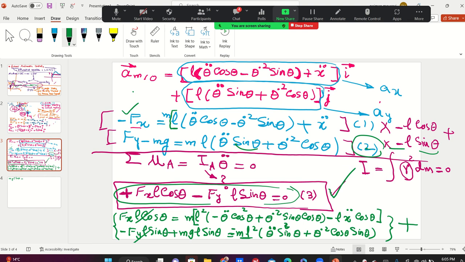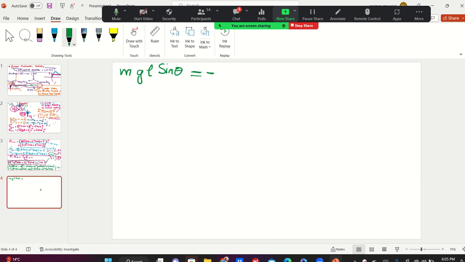Okay. So now the right hand side. All of you look here. Don't write. Minus ml squared theta double dot cosine squared of theta, because we are adding, minus ml squared theta double dot sine squared of theta. What's the result? Minus ml squared theta double dot times cosine squared of theta plus sine squared of theta.